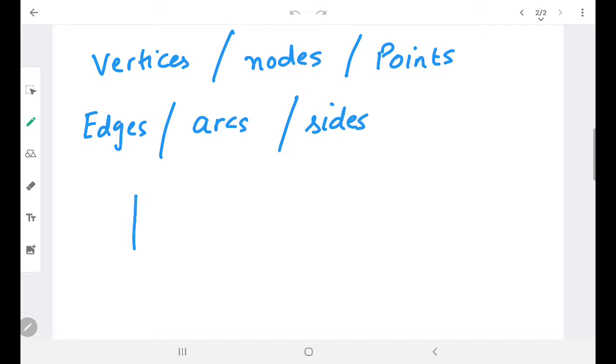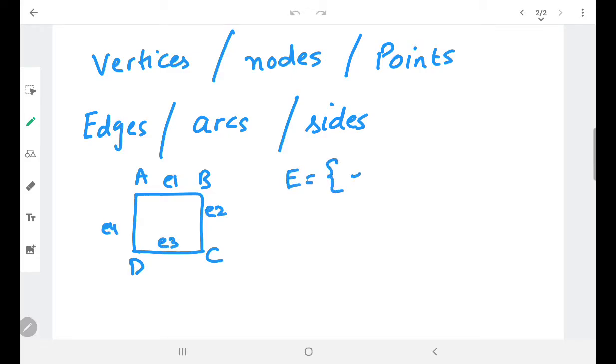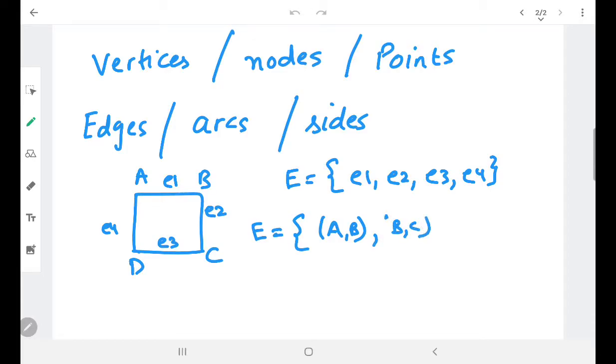Now suppose I take a very simple graph with vertices A, B, C and D. Here I can show the edges as E1, E2, E3, E4, so my edge set will be E1, E2, E3, E4. Or I can show it as ordered pairs: AB, that means there is an edge from A to B, then BC, then CD, and then DA.